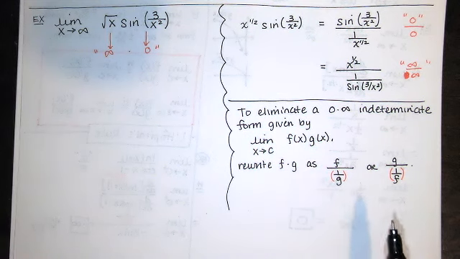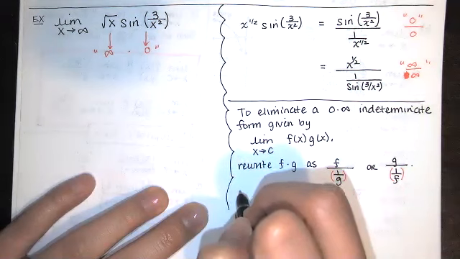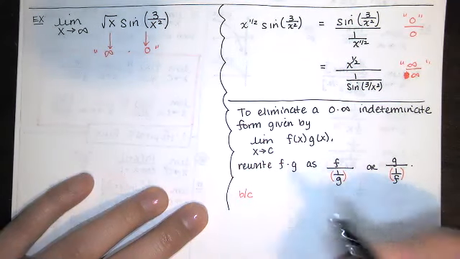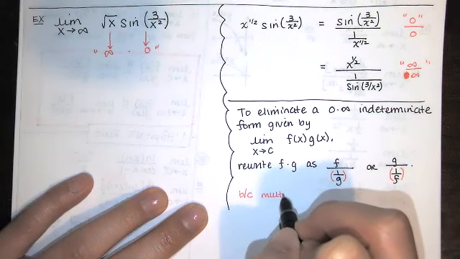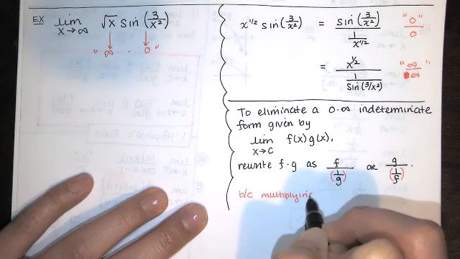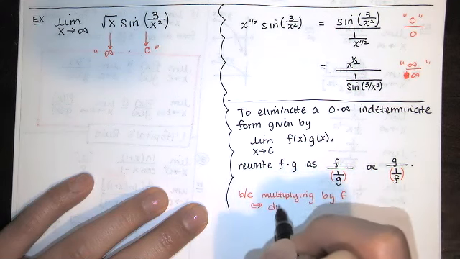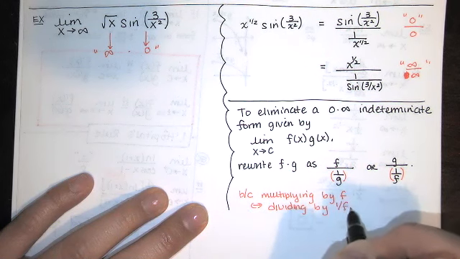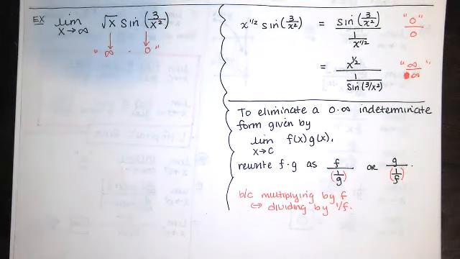And the reason that works is, again, because dividing by a fraction is multiplying by the reciprocal. And this is because multiplying by f is the same as dividing by 1 over f. And it's just properties of fractions, no big deal. But that's how we handle that.